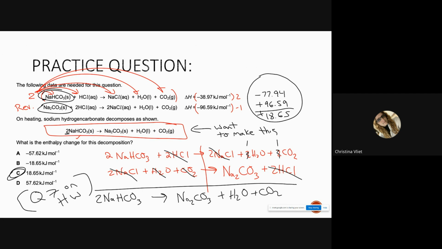The bottom reaction? Yeah, I can explain that. So the idea is that this reaction, sodium carbonate plus hydrochloric acid, makes these products. This reaction releases 96.59 kilojoules of energy. But if we do the opposing process, you have to reverse the reaction.